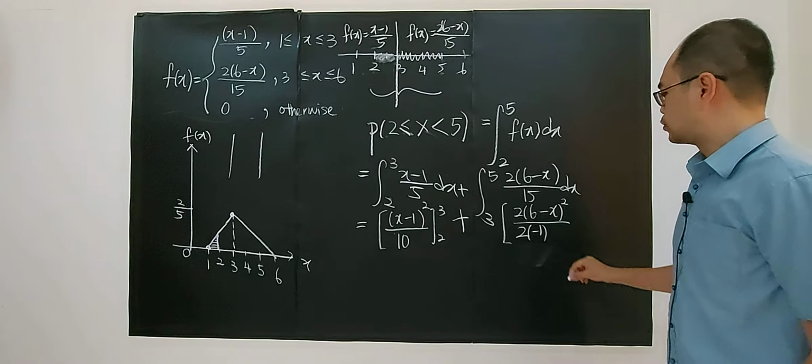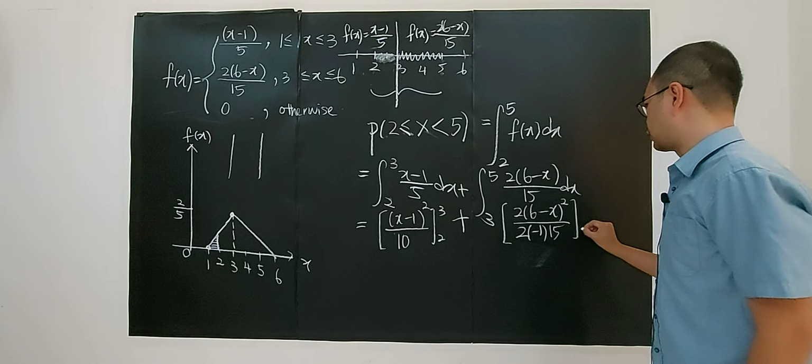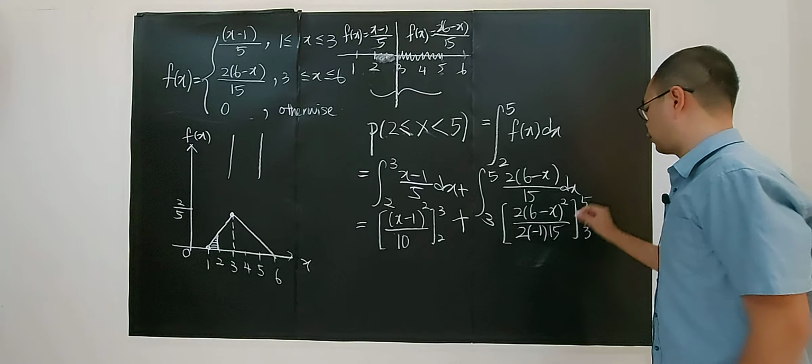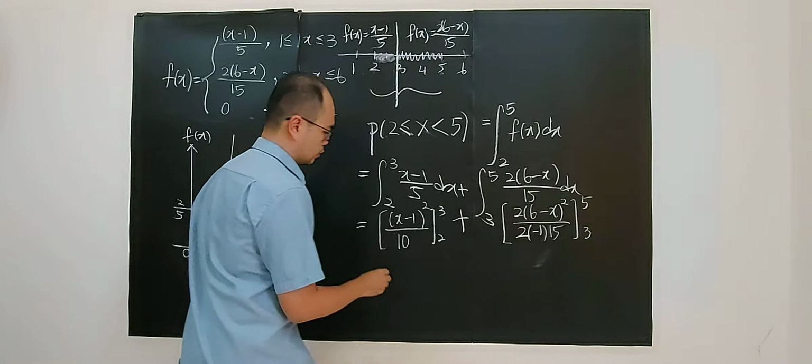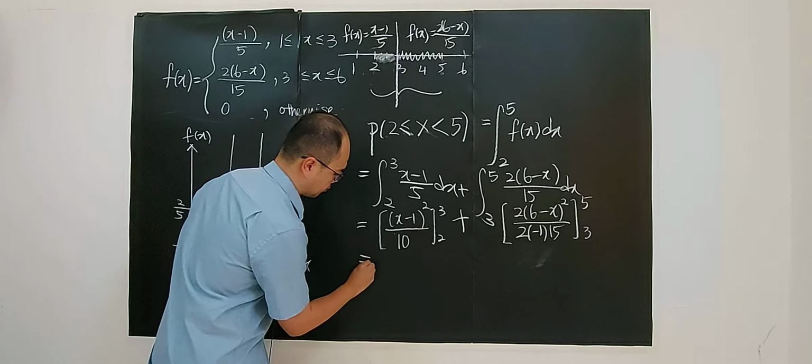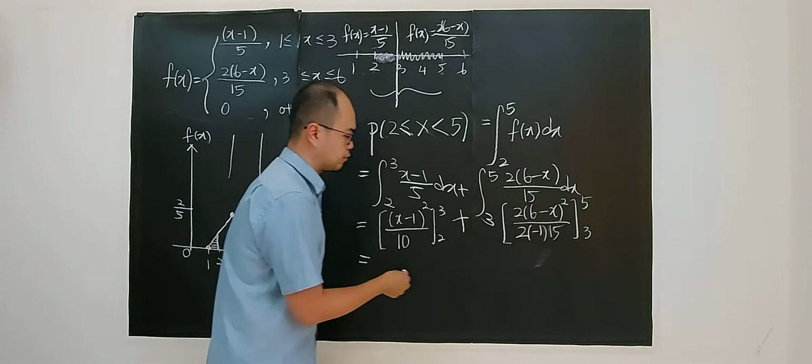So 15, from 3 up to 5. You have to evaluate this. Your integration knowledge must be perfect.